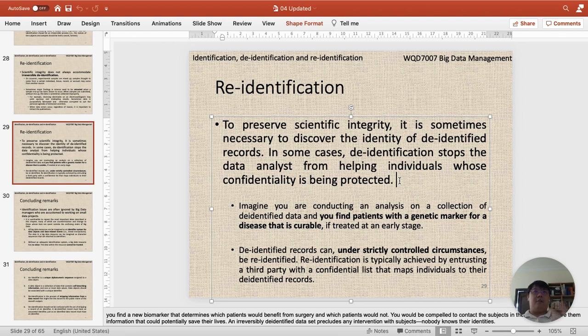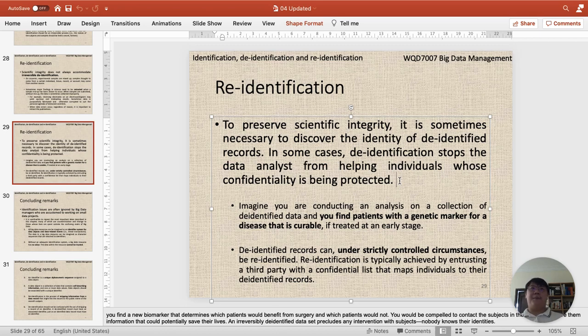But right now, your data is de-identified. There's no way for you to locate or identify the original patient that gave you the data. But you know that the cure you have discovered will be able to save the original patient. So in that case, the re-identification process is important because you can save the patient's life.